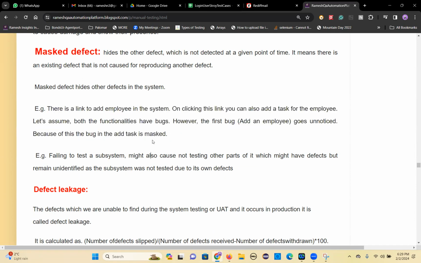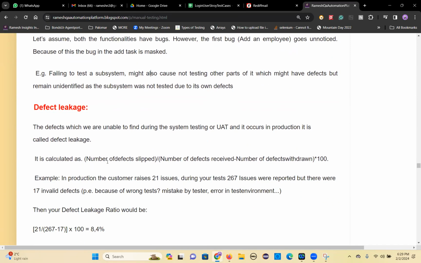Yeah, so that is called a mask defect. It means failing to test the subsystem. The main module has a bug, and because of the main module bug, you are not able to test the inner module bug, a sub-module bug. That is called a mask defect.